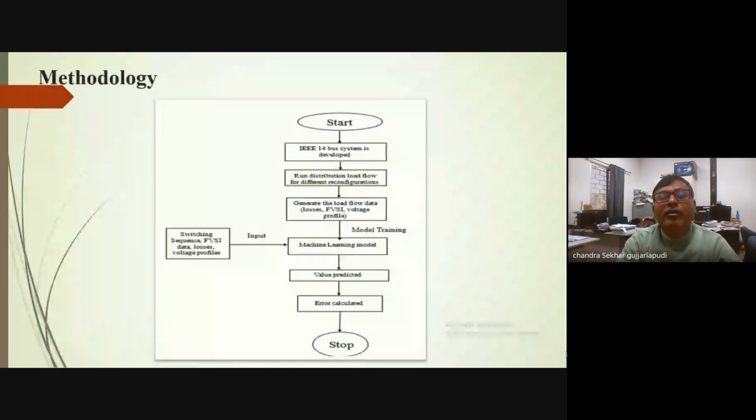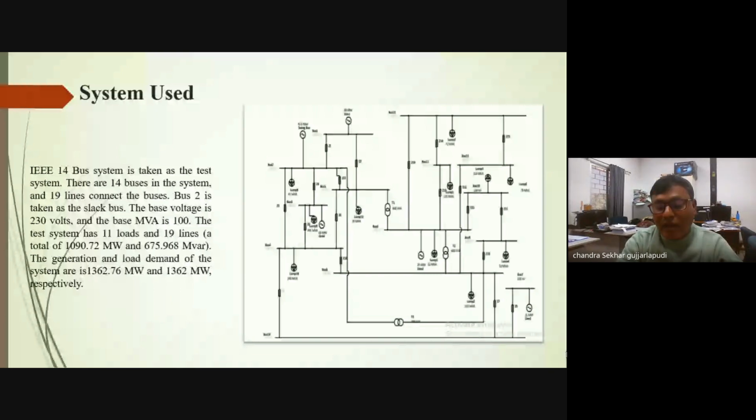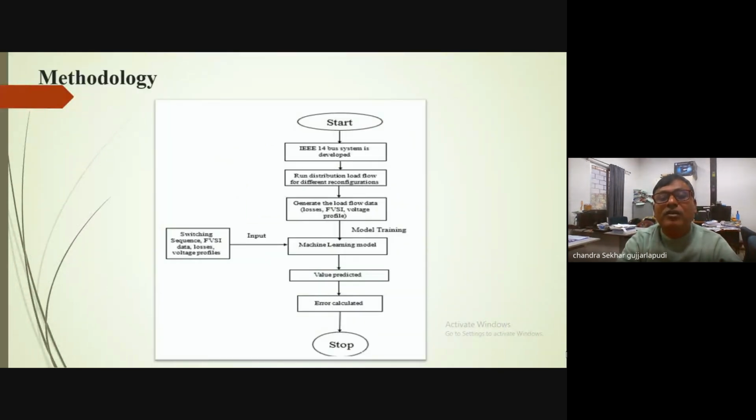Now, our main objective was to determine a particular configuration which will give the best impact to the system with an SVC connected at a particular location.